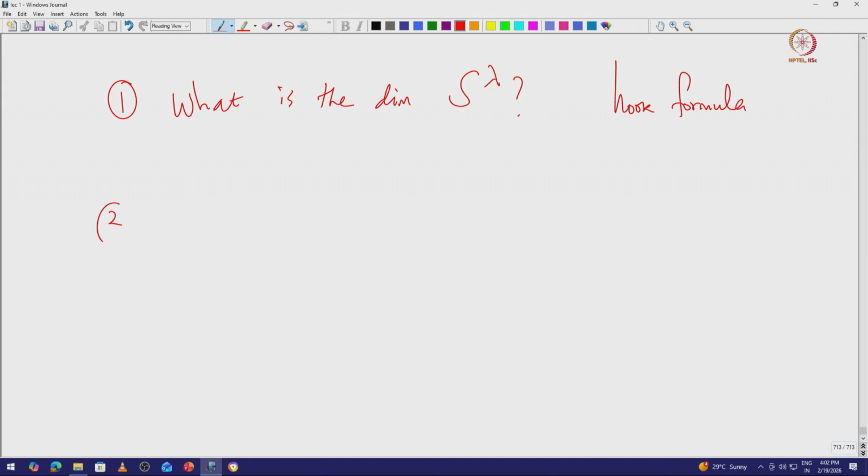And then of course, there is this very important question that is still unsolved: we also want to understand what happens when you take the tensor product of two Specht modules. We know using the theory that if you take the tensor product of two Specht modules, this is going to be written again as a direct sum of other Specht modules with some multiplicities.